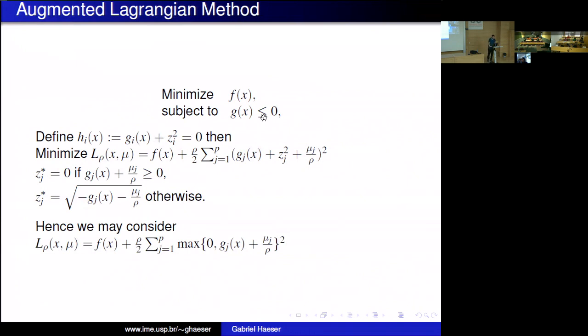Okay, so this is something that you can do to transform inequalities to equalities, but that's more of a theoretical tool. If you do this in practice, you are adding constraints of the form z squared, and these are never good constraints because they change rank in a neighborhood, at least at 0.